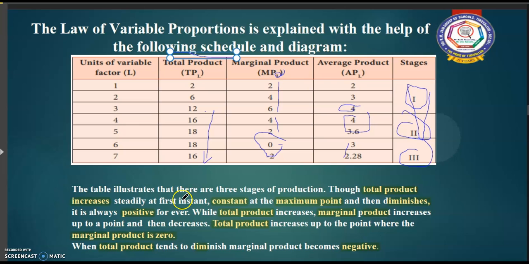So now as a summary, the table illustrates the 3 stages of production. Total product increases steadily at first, is constant at the maximum point, and then it diminishes. Average product is always positive.